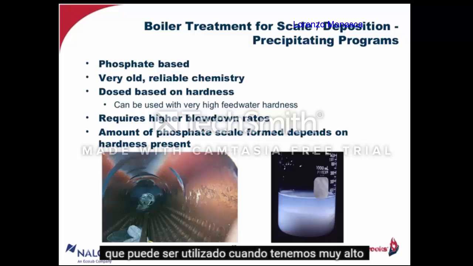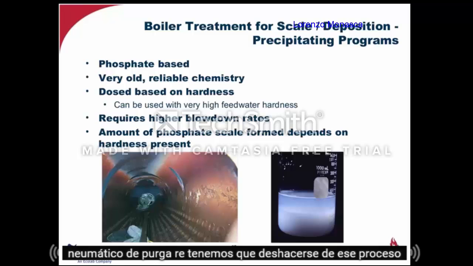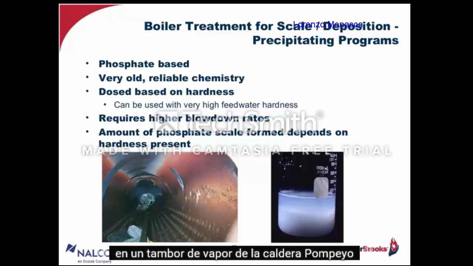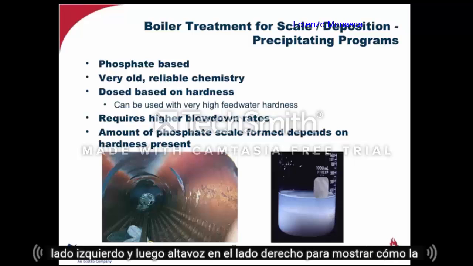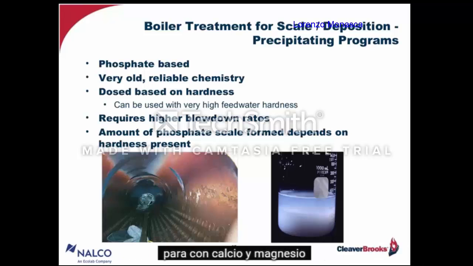It can be used when we have very high hardness in the feed water, but because it precipitates with any hardness present, boilers treated in this manner frequently require higher blowdown rates. We have to get rid of that precipitant. And they're also more likely to have phosphate scales present internally. I have a picture of that where we had quite a bit of phosphate scale in the boiler steam drum on the left-hand side. And then the beaker on the right-hand side just shows how the precipitation occurs with calcium and magnesium.